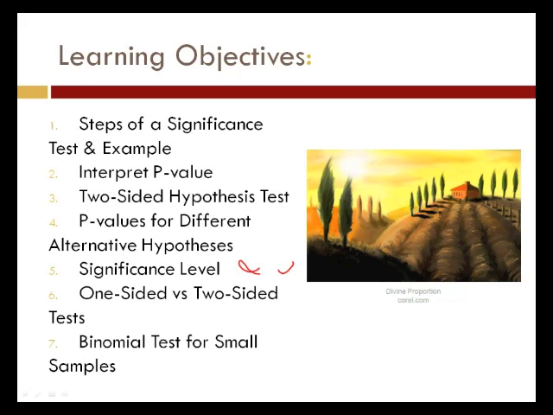It looks sort of like a cursive A. It actually is A in the Greek alphabet, the first letter, lowercase alpha. And that is what we'll compare to P to decide, is P small enough to reject the null? Then we'll talk about one-sided versus two-sided tests. We won't actually work it, but we'll talk about using the binomial test for small sample sizes and proportions.